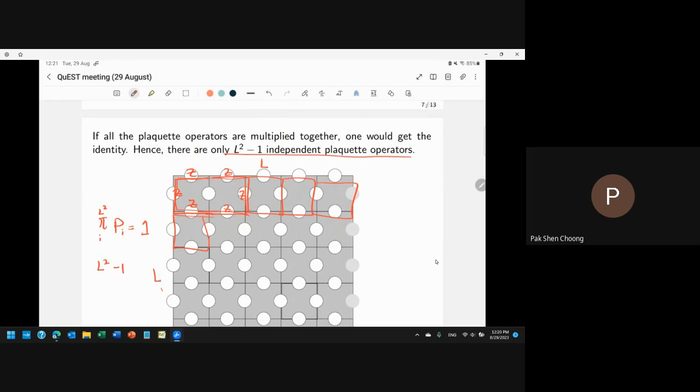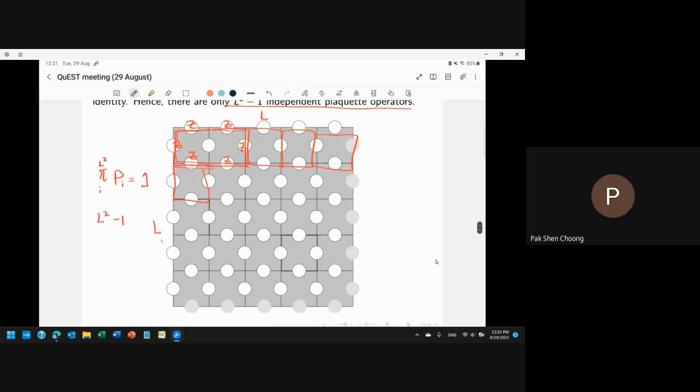Sorry, so this is to avoid the repeated multiplications on the inner of the qubits, right? Or the edges. Not really. You just want a set of independent plaquette operators. It's just like you wouldn't define some basis vectors that are linearly dependent.